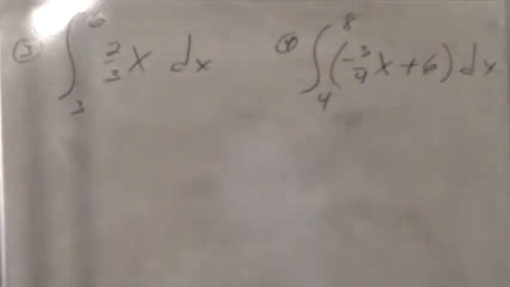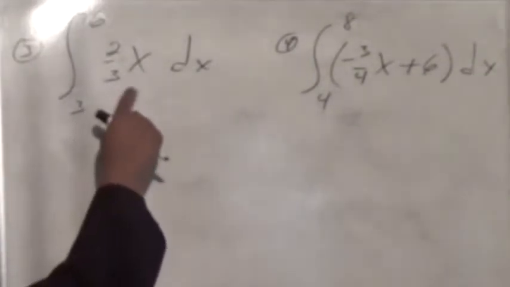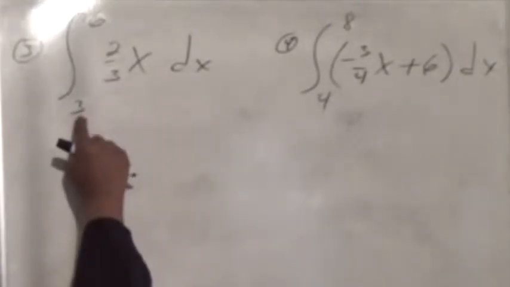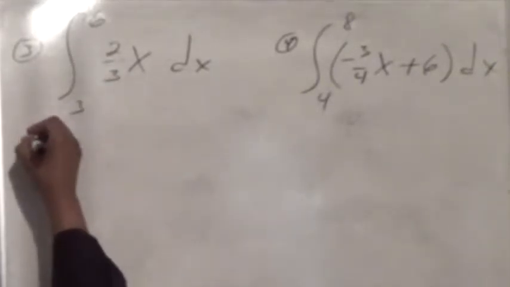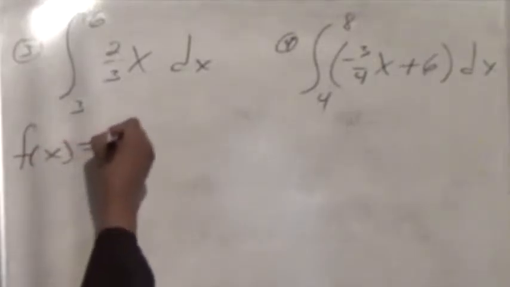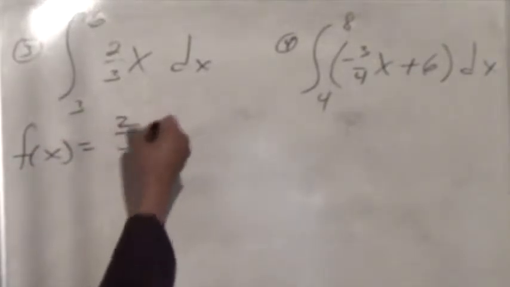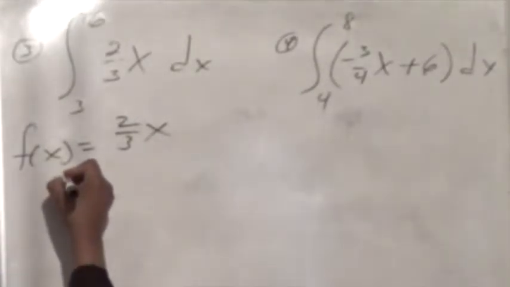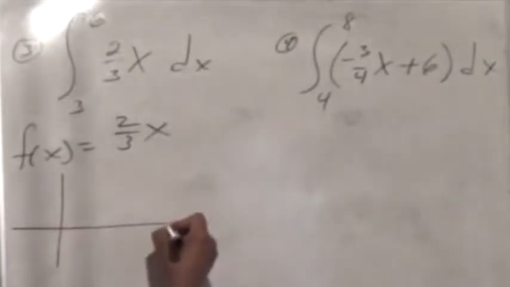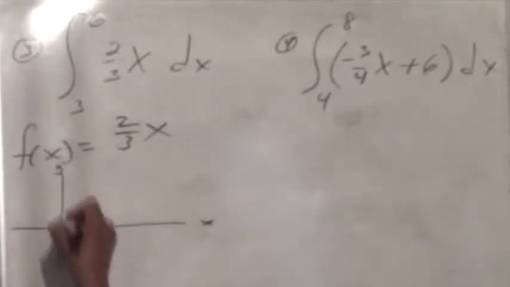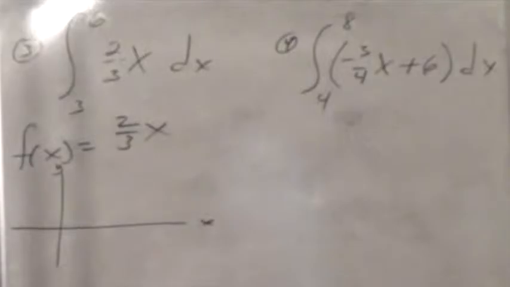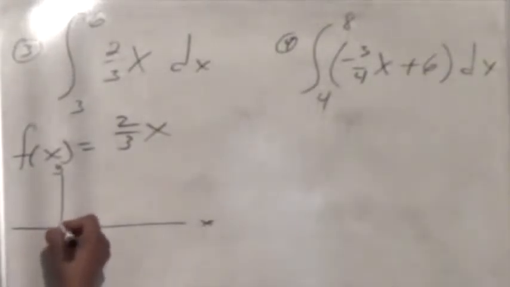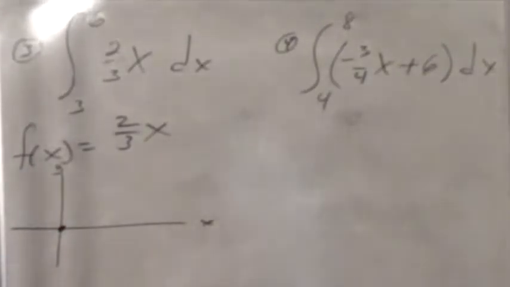Number 3. We want to find the area under the curve of this function between 3 and 6. The function that we're considering is the function 2/3 x. Let's graph that. The y-intercept is 0, and the slope will be 2/3.